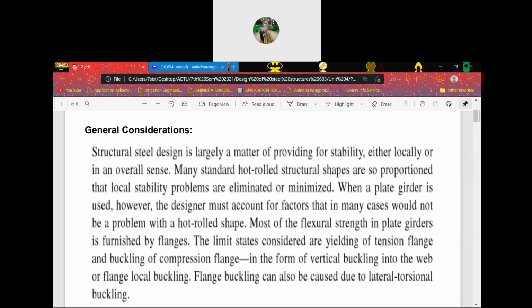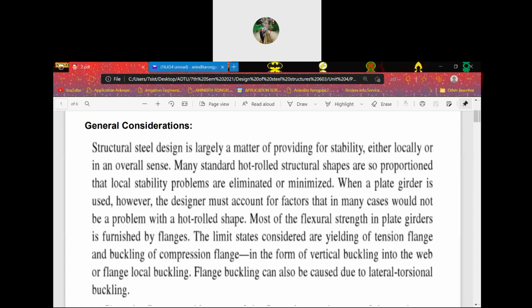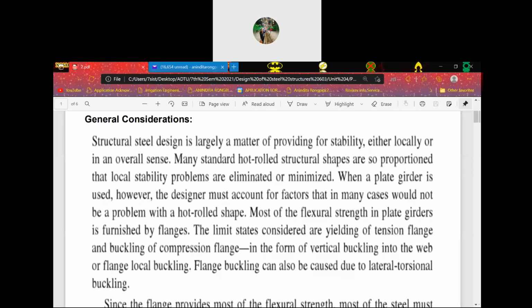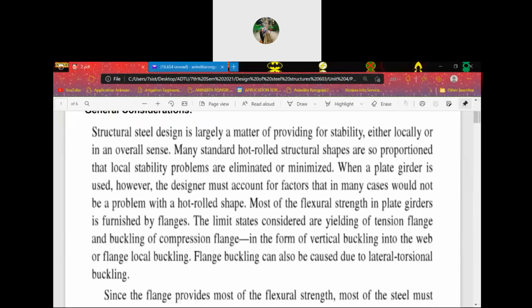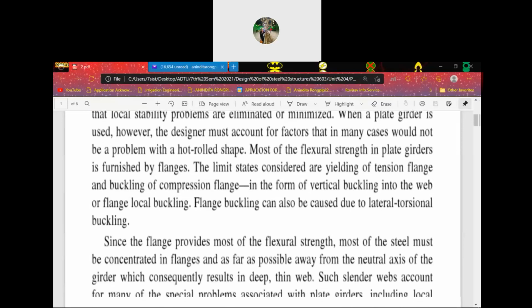Most of the flexural strength in plate girders is furnished by the flanges. The limit states considered are yielding of the tension flange and buckling of the compression flange, that is in the form of vertical buckling into the web or flange local buckling. Flange buckling can also be caused by lateral torsional buckling.